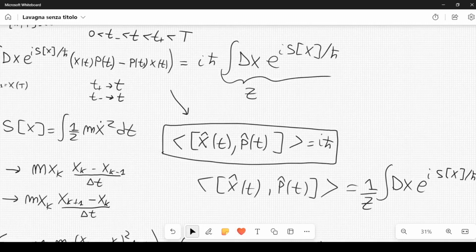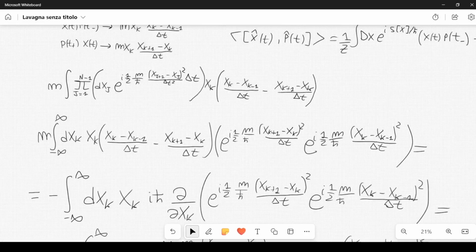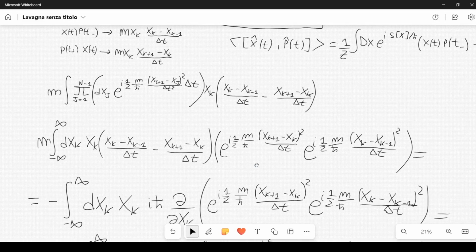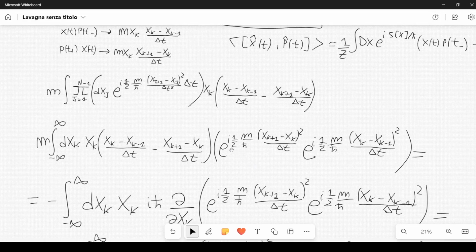Before concluding, let me also clarify what we did earlier. One simple way of motivating the fact that we don't have boundary terms is the following.